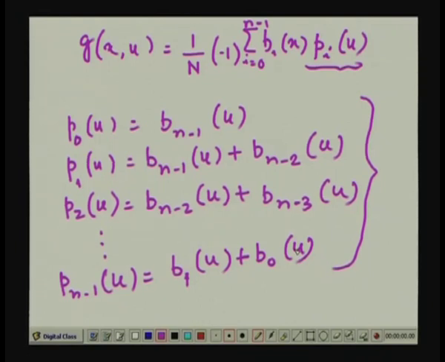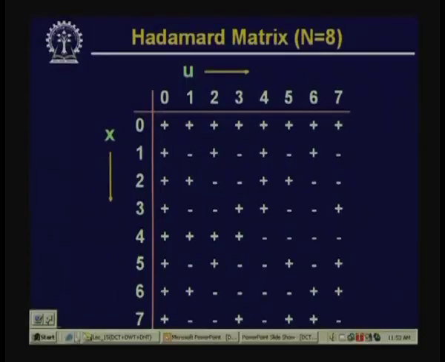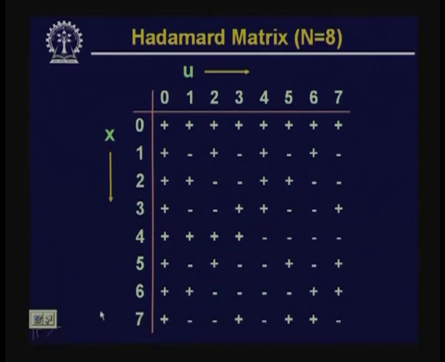Now, by using this modification, the modified forward transformation kernel that we get leads to a modified Hadamard matrix. So, let us see what this modified Hadamard matrix is.